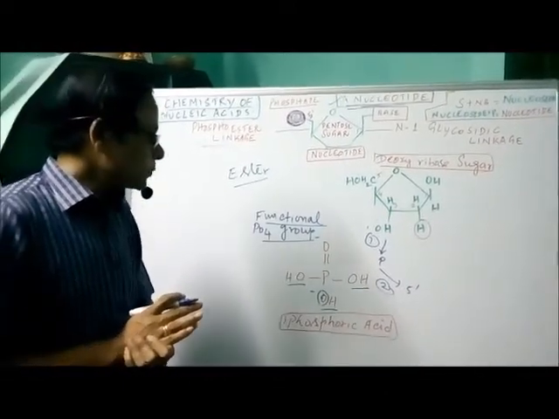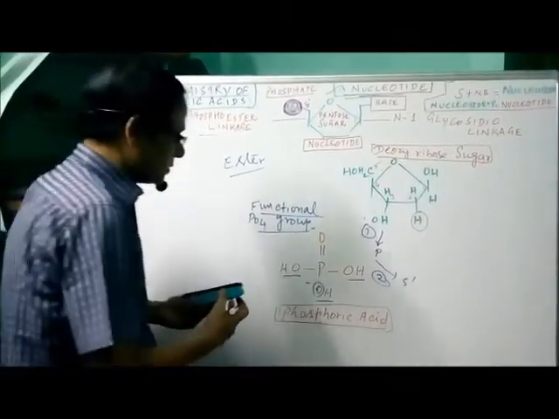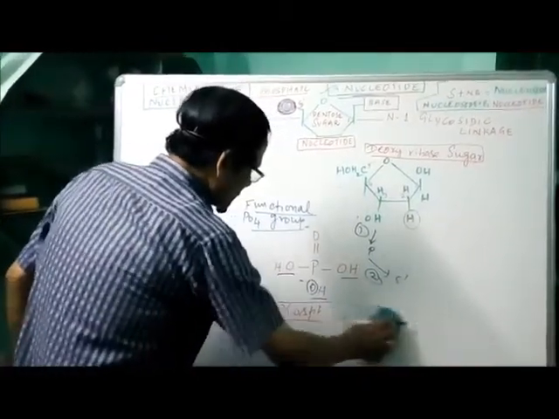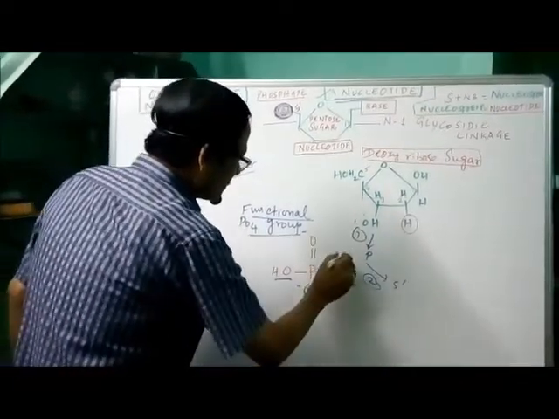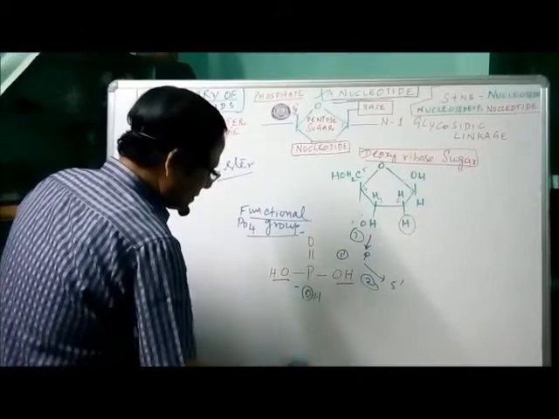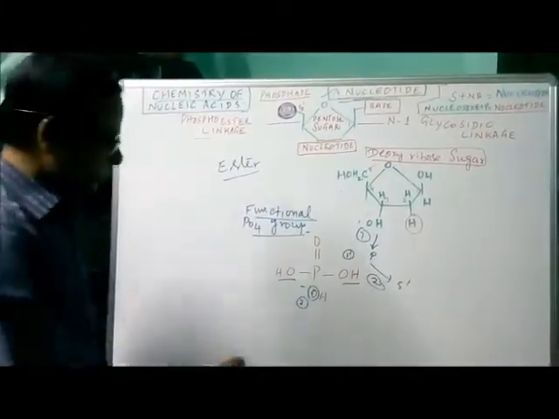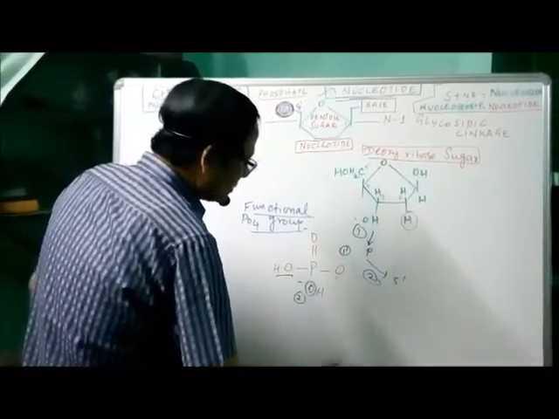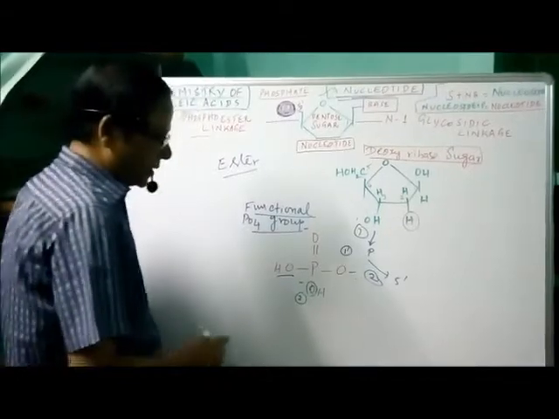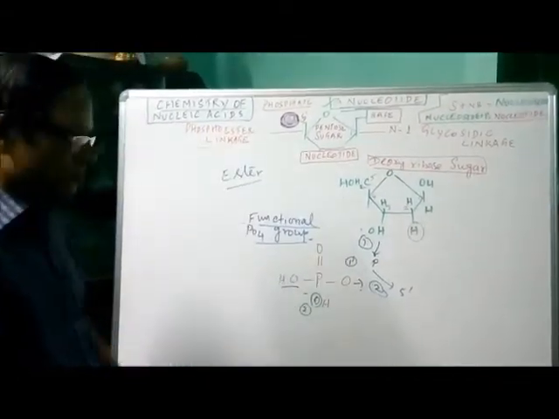Now when a phosphodiester bond is formed, 2 hydroxyl groups are taking part, leaving 1. One hydroxyl group takes part in one bond, and the other takes part in another bond, each attached to the third carbon or the fifth carbon.